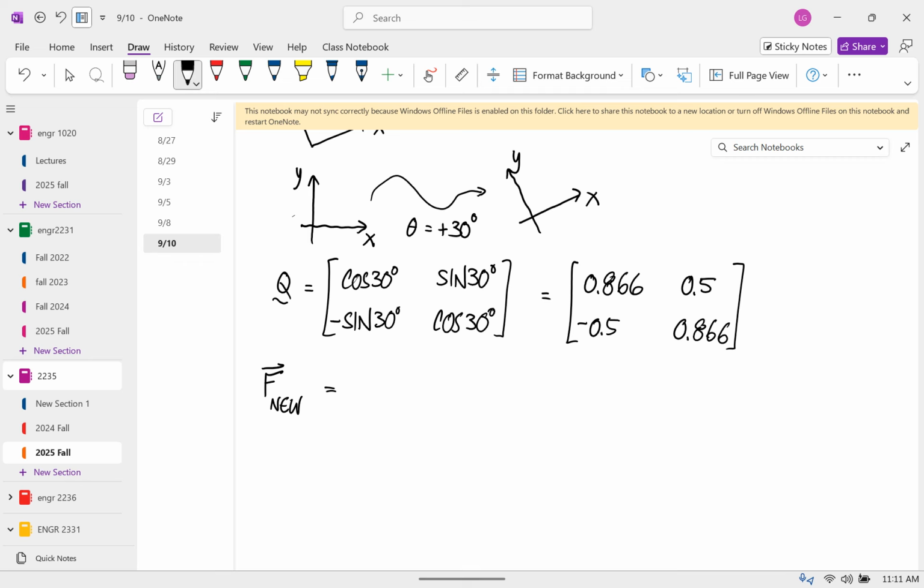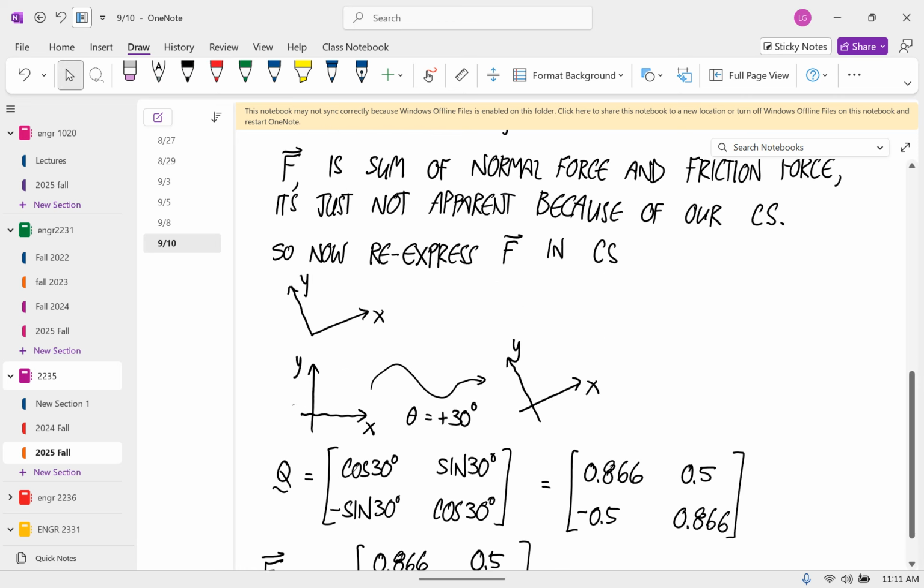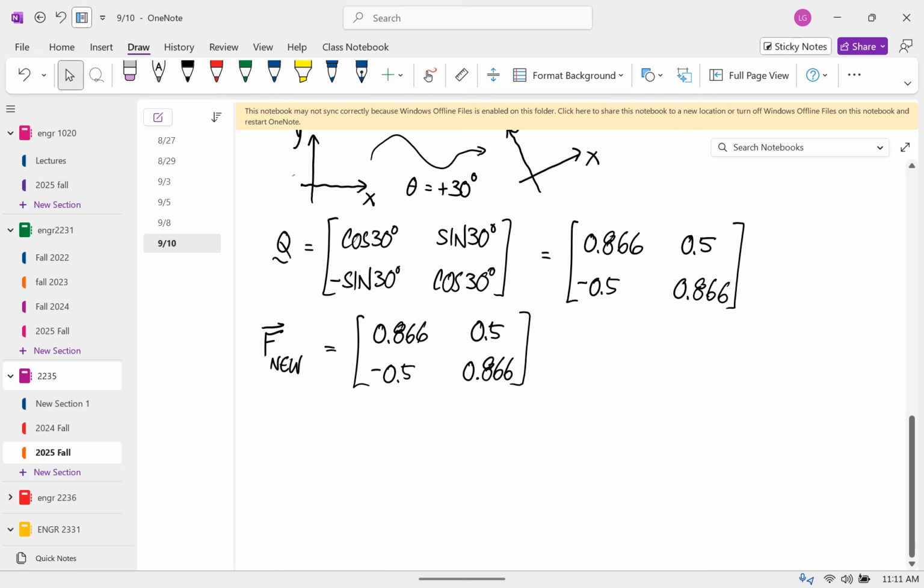And so F new now is going to be this 0.866, 0.5, negative 0.5, 0.866, and we're going to multiply it by the force vector in our old coordinate system.